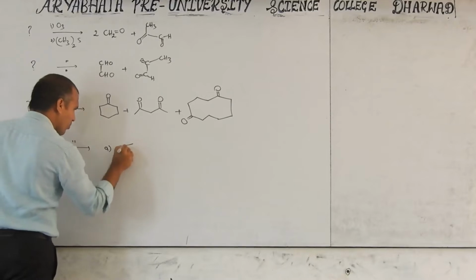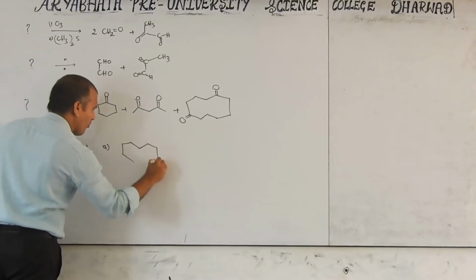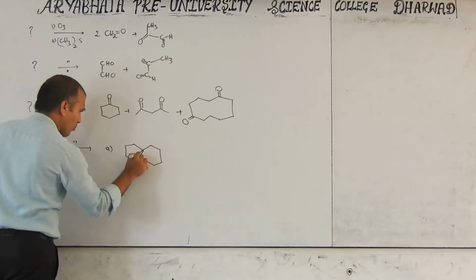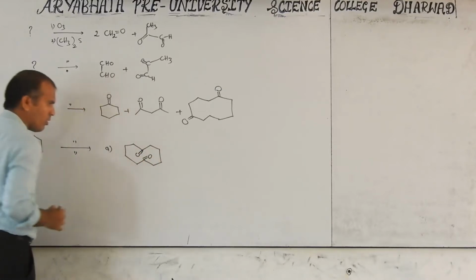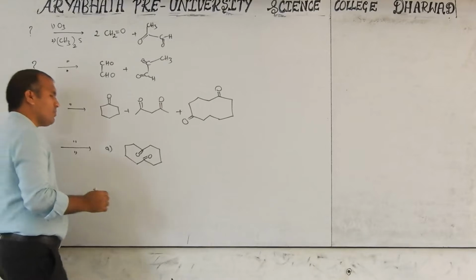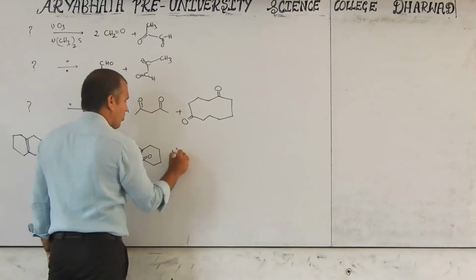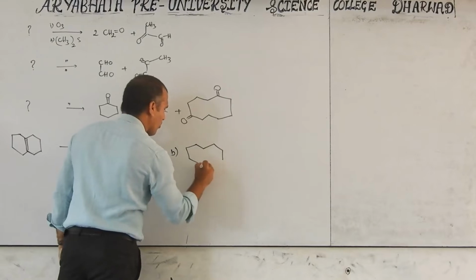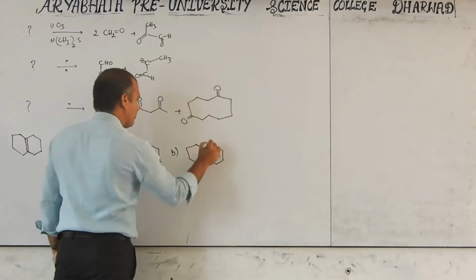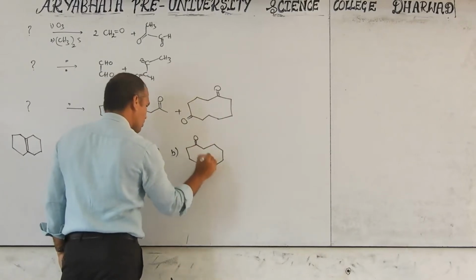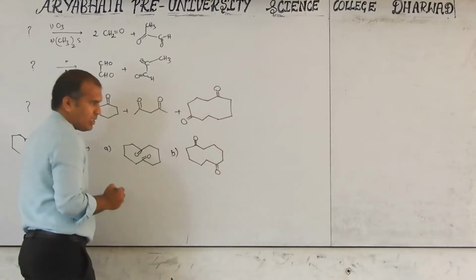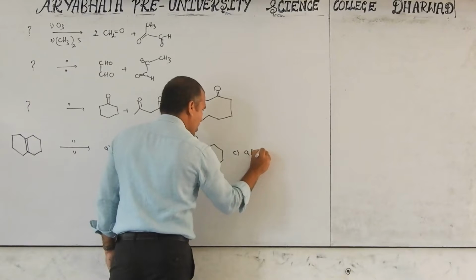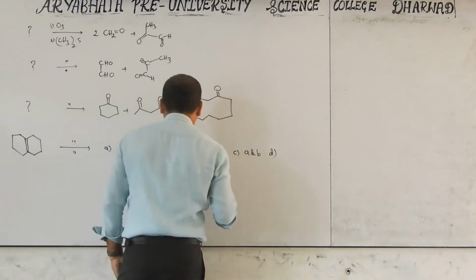Option E. This is option A, B option, this is C option, A and B, D option.